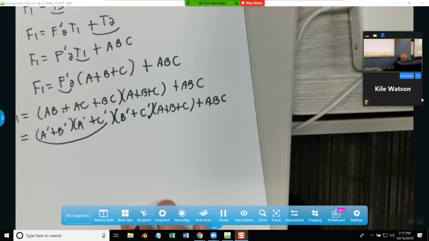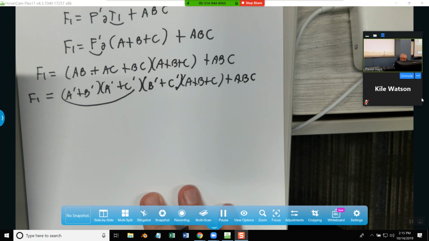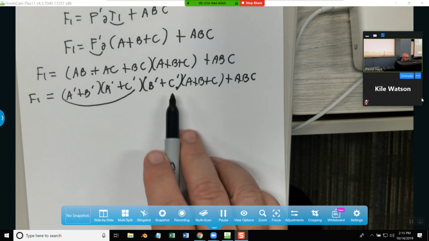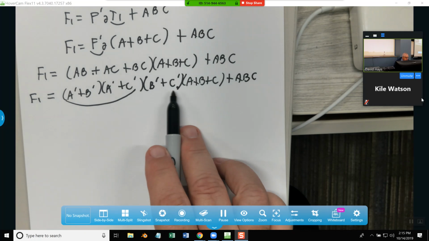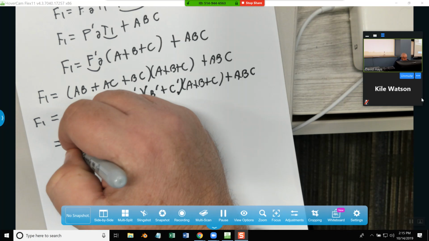Okay, so this, I can rewrite as A prime or B prime C prime. Don't remember where the rule's at, but it says if these are the same, and then you got an or in here, then you can do your A prime comes down, or, and then these two, when they appear like multiplied together, though they really end. I don't think there's anything to do there.